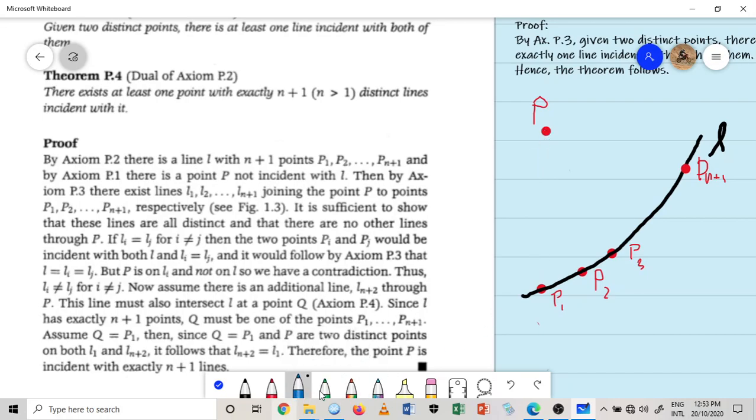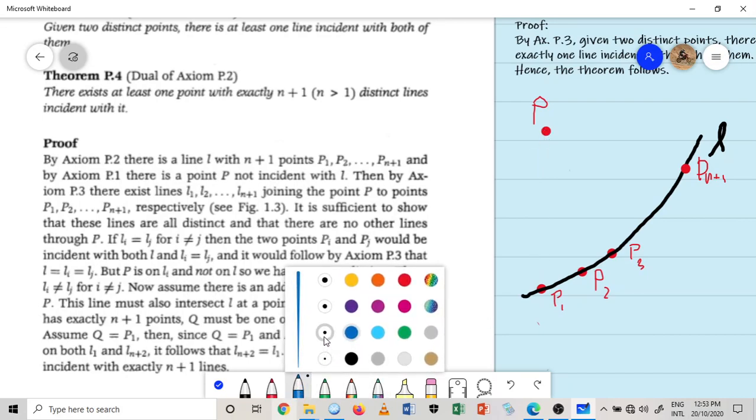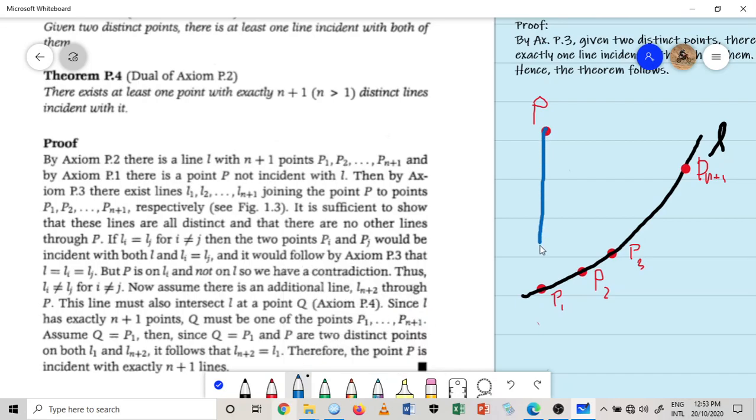Meaning, since P and P sub 1 are different from one another, these two are distinct, there should be a line passing through these 2 points, P and P sub 1. Let us call it L sub 1 in reference to the subscript or label of this point P sub 1.